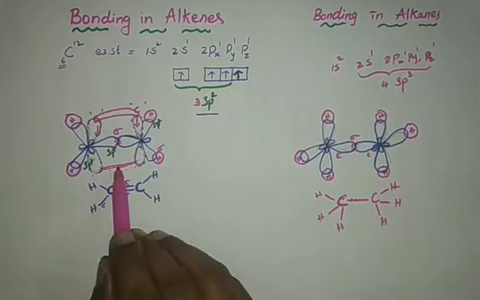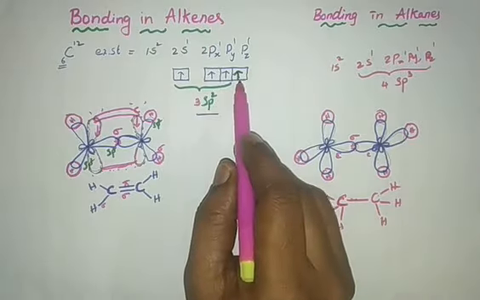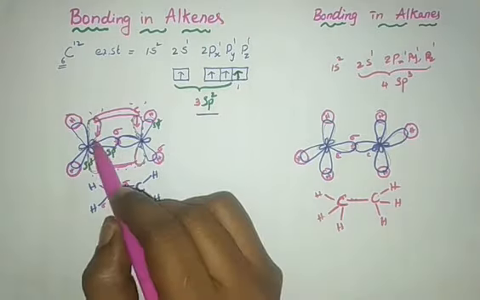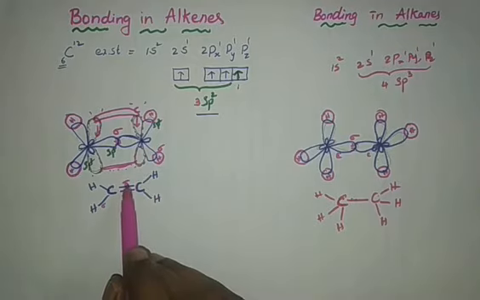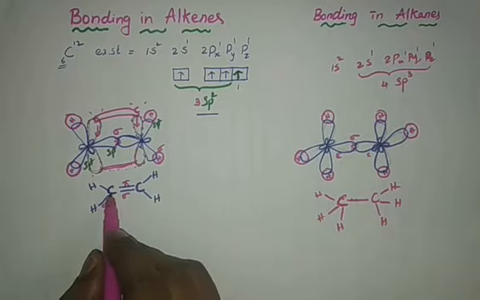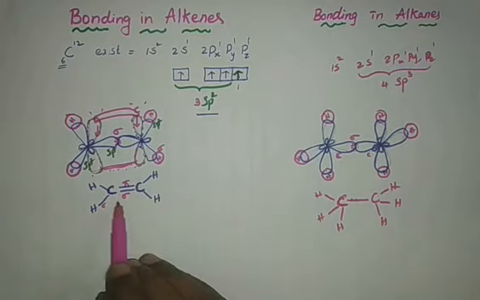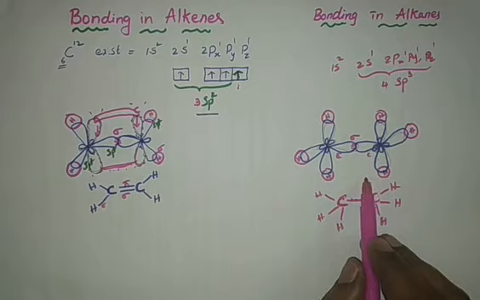But in alkenes, due to the unhybridized orbital, there is side-on or lateral overlapping to form loosely held electrons, the pi bond, right? And here the carbon-carbon bond length in alkenes is shorter than in alkanes.